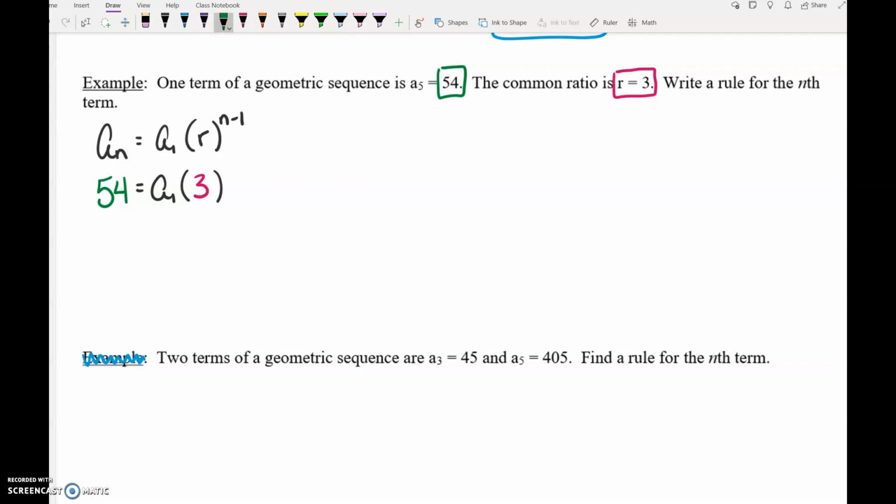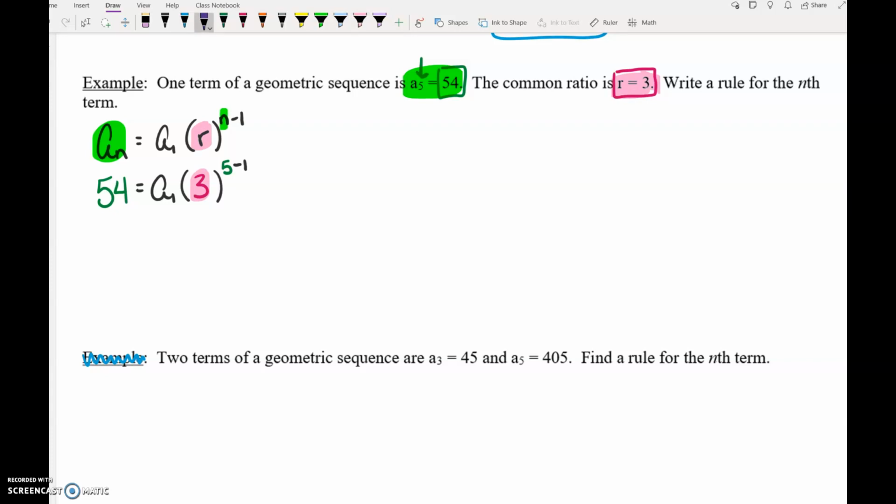For the n minus 1, because we use this term 54, that is the 5th term, so I'm going to use a 5 in place of my n. Our common ratio is just our common ratio.